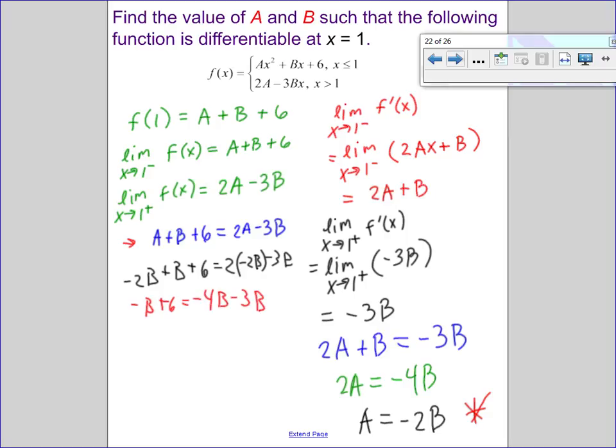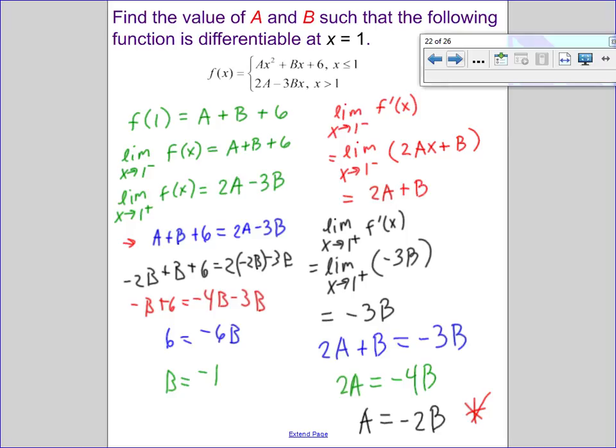Everybody check, make sure you're checking me. 6 equals negative 6b. B equals negative 1. I'm feeling really good about this.